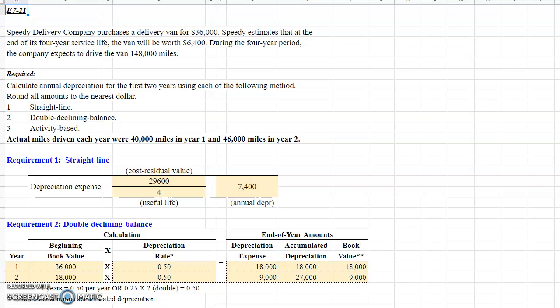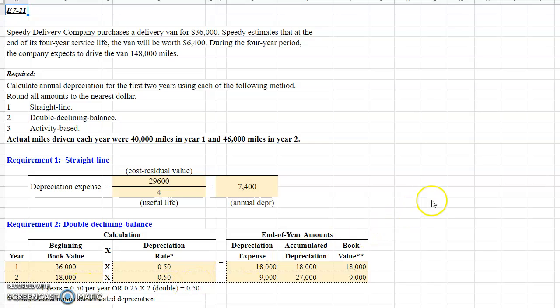So 36,000 minus 6,400 gives you a depreciable cost of $29,600. Divide that by the 4-year useful life, and annual depreciation is $7,400. It's very easy, just the same amount every year.